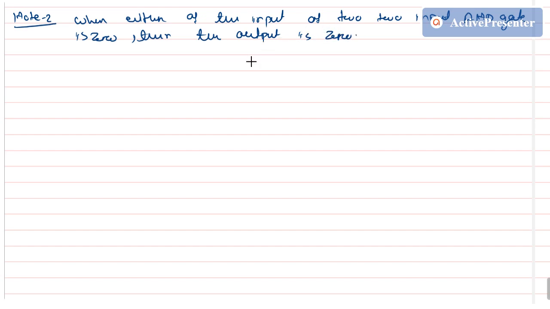Okay, so let us understand this pictorially. Suppose this is A, and suppose I have grounded this, or I have given the input as 0. So Y will be 0. Why? Because even if you put 1 here or 0 here, it will always be 0 into A, so the output will always be 0. Okay.